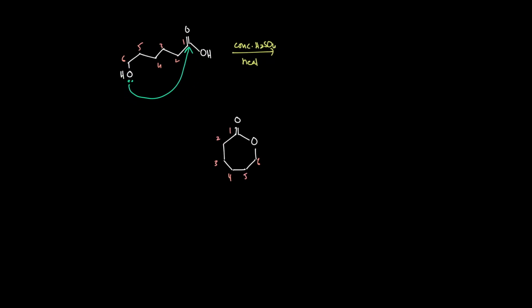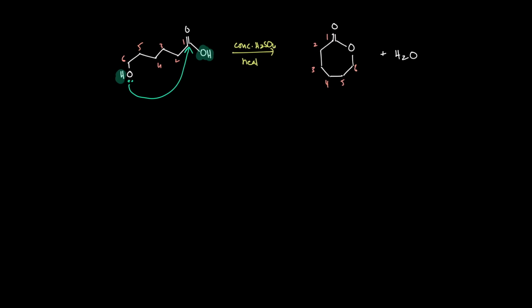And what's been released in the process? Water is being released in the process. So this is also an esterification reaction. This is an example of self-esterification. Essentially, the same molecule is making an ester with itself. The OH group, the alcohol from the same molecule, is making the ester linkage with the acid group.